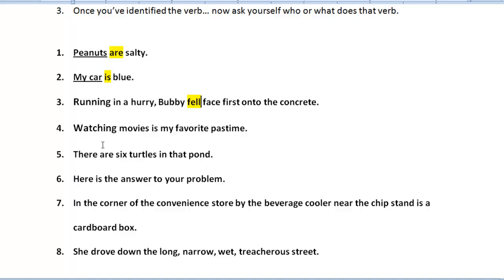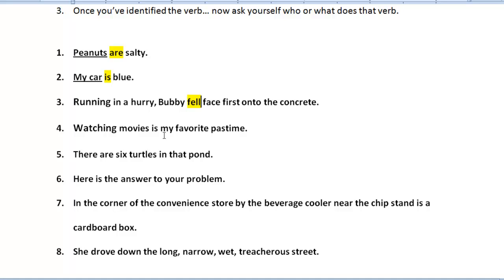Here's another one. Watching movies is my favorite pastime. If you didn't take the time to think about how verbs have a tense or a time, you'd say, well, watching is the verb because watching is an action word. Not all verbs are action words, and not all words that look like action words are actually verbs. Let's change the tense and see what happens. Watching movies is my favorite pastime today.